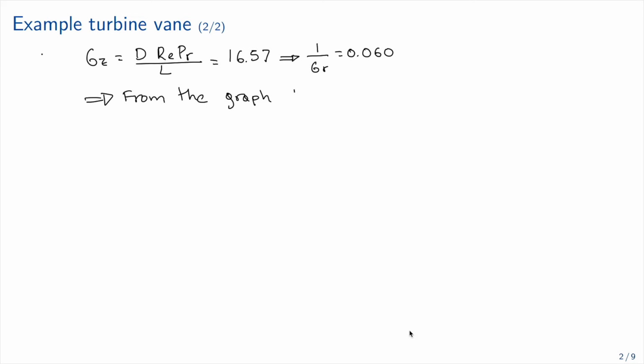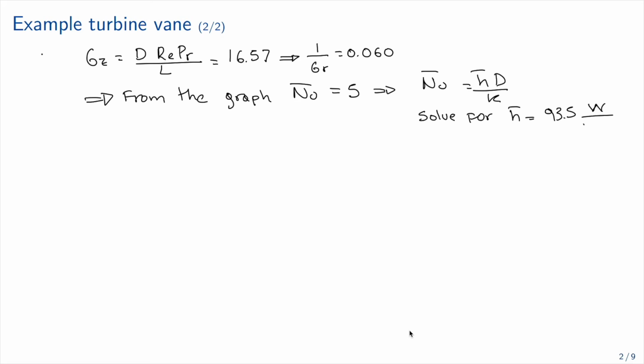From the graph, Nusselt average is equal to 5, and therefore by the definition of Nusselt, which is h bar multiplied by D and divided by k, we can solve for h and obtain that it is equal to 93.5 watts per square meter Kelvin.